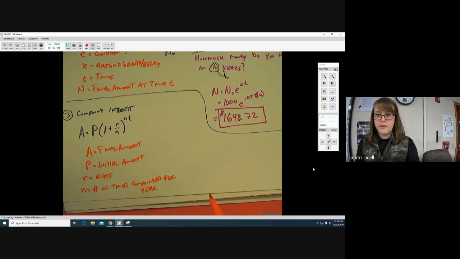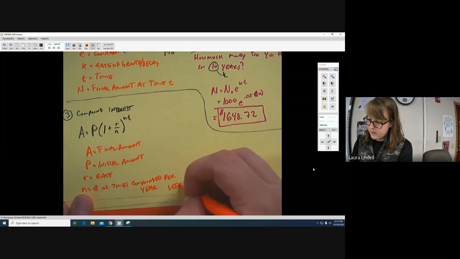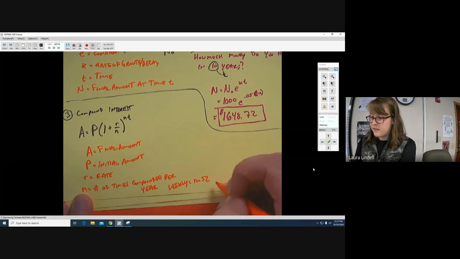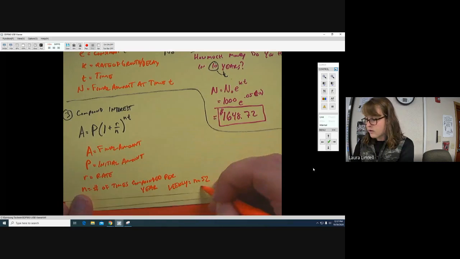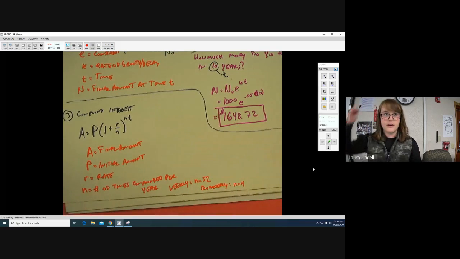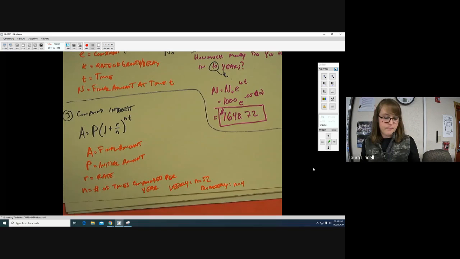So, for example, if you're compounded weekly, then n is 52, since there's 52 weeks in a year. Or if it was quarterly, then n would be 4, since there's 4 quarters in a year. Or if it's compounded monthly, 12, because 12 months in a year, that sort of thing.